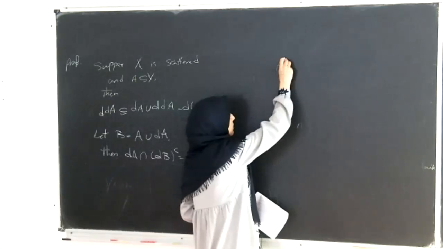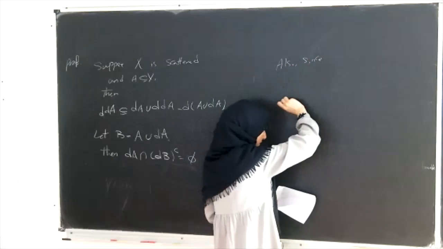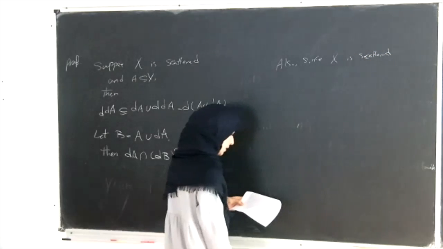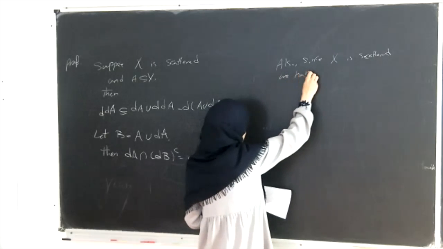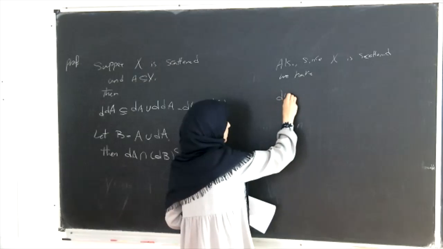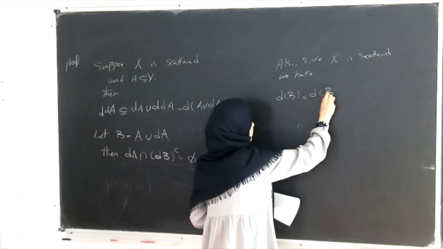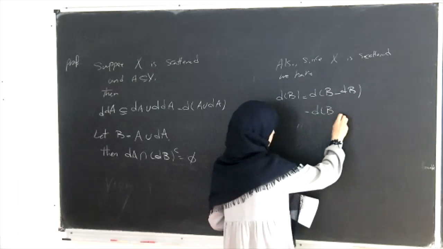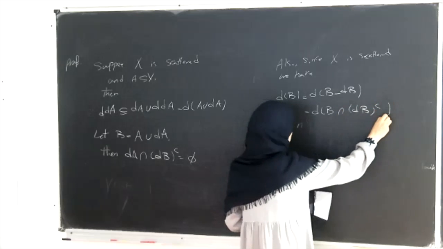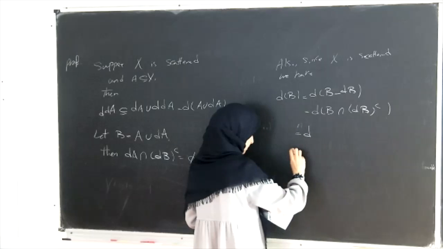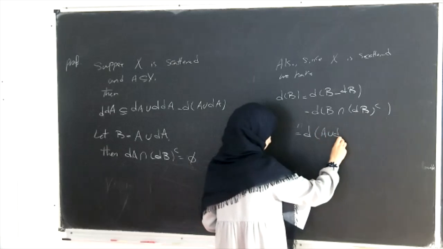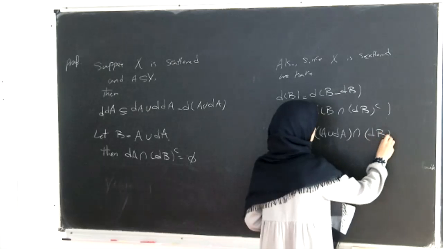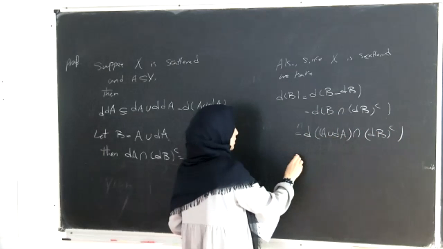Also, since X is scattered, we have D of B is equal to D of B minus D of B, which is D of B intersection with the complement of D of B, which is equal to D of A union D of A intersection with the complement of D of B. I just put the definition of B in here.